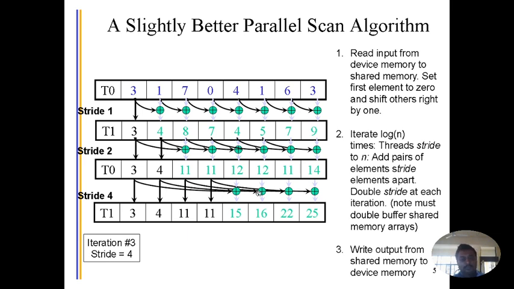Whenever you accomplish this after 4 strides, you have a reduction element in the last, that is the 8th element or whatever the position it is, and the remaining also have the prefix sums. So 3 plus 1 is 4, 4 plus 7 is 11, and so on. Whenever you accomplish this, you have reduced, and the parallel scan has also been accomplished.